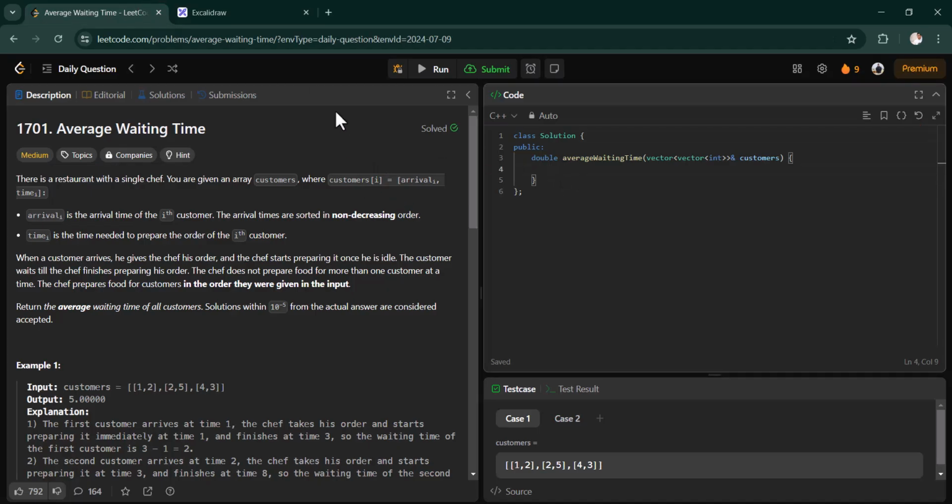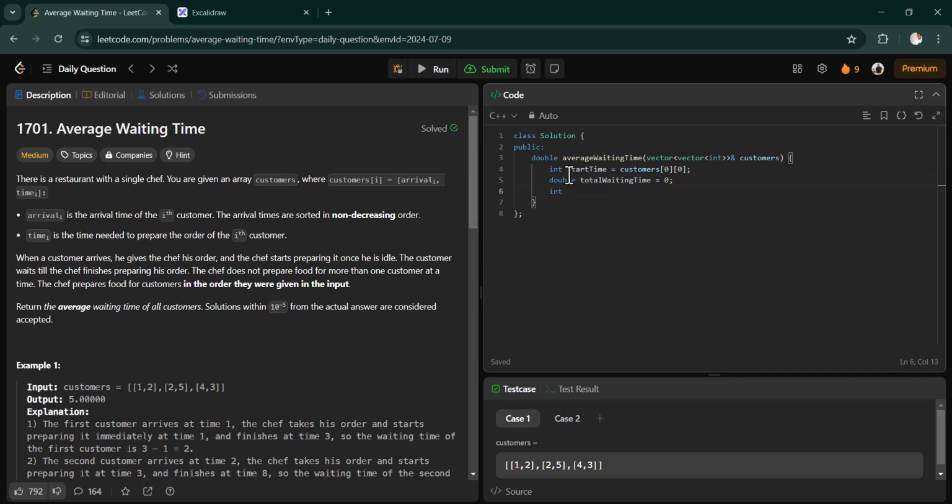Okay, to code this, first of all, what will be the start time? Let's say we are assuming it to be the start time for the first customer. Now double total waiting time is equal to 0.